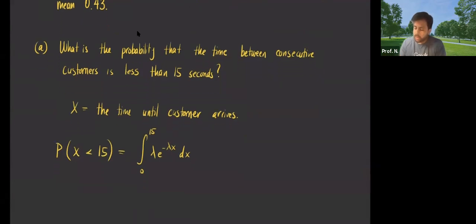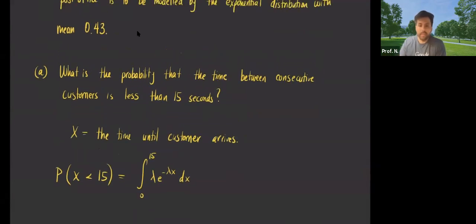But what am I given? Do I know what lambda is? Yes, I know the expected value. I know the expected value of X, which is 0.43, but this is equal to 1 over lambda.